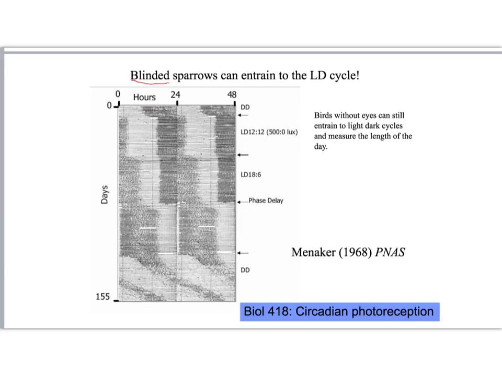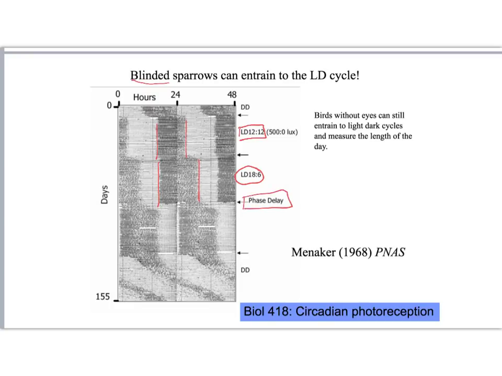So sparrows are diurnal, obviously. If you put them in a 12-12 light-dark cycle, they show this short bout of activity that matches the 12-hour light phase. If you put them in a long summer-like light-dark cycle, 18-6, you see that their activity matches that. They expand their activity pattern.